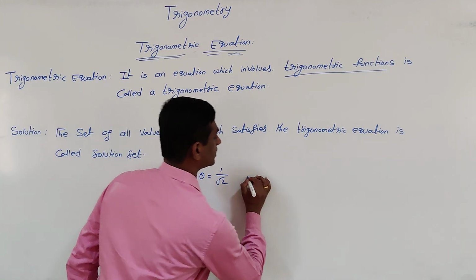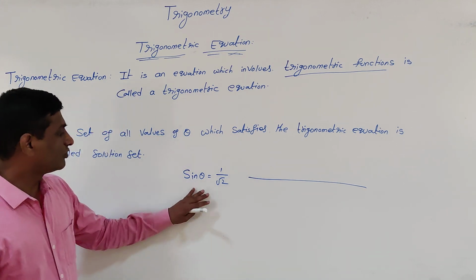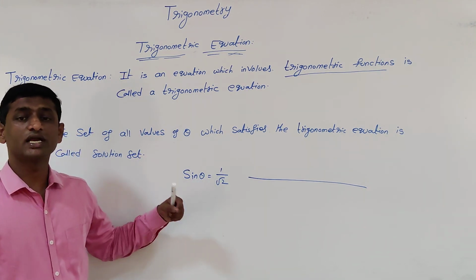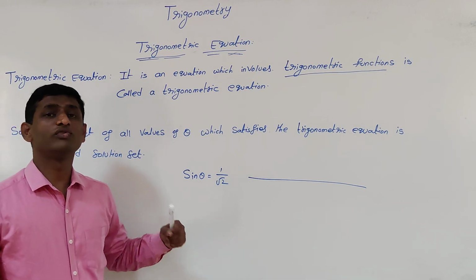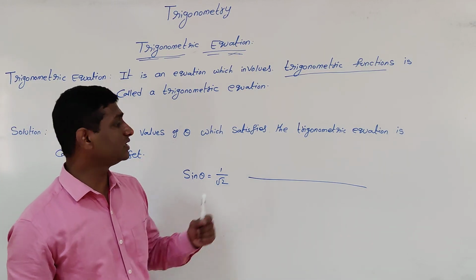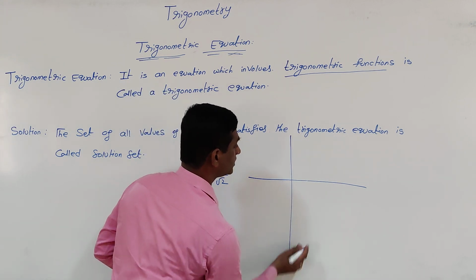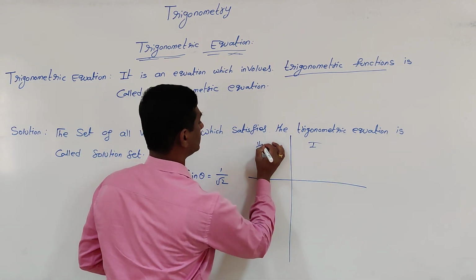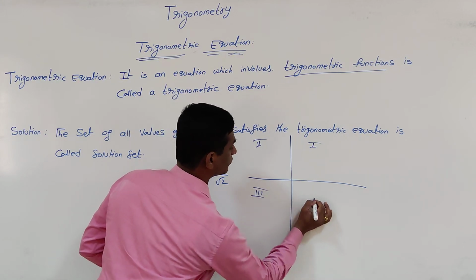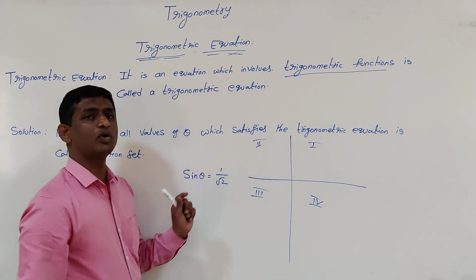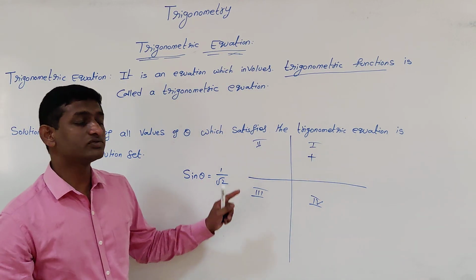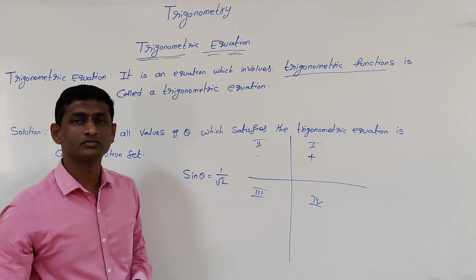For this equation, sin theta is 1 by root 2, means sin theta is positive. So where can we have the positive values in the quadrants? If you consider this xy plane, first, second, third and fourth, sin theta is positive in the first quadrant as well as in the second quadrant.